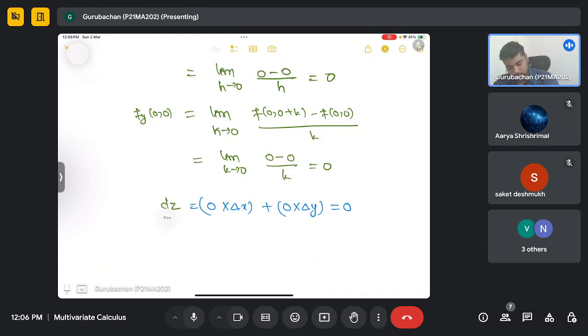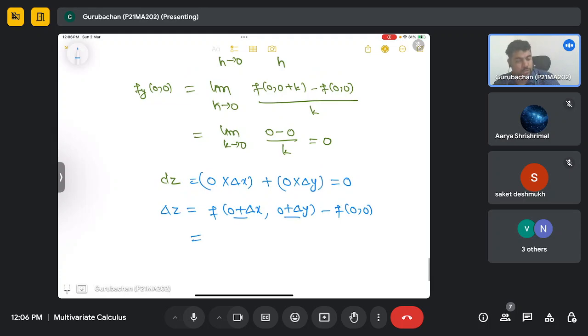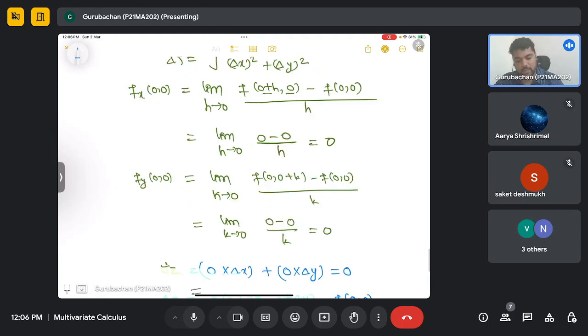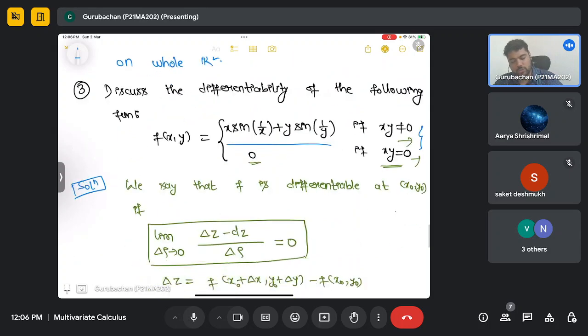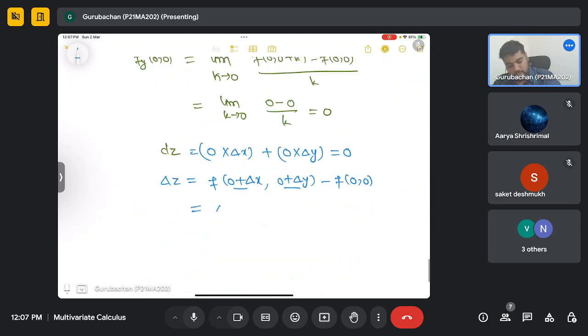Now, what is our delta z? Our delta z is f of 0 plus delta x comma 0 plus delta y minus f at 0, 0. Since the product of these two is non-zero, our functional value will apply this particular case. So this will give us nothing but delta x into sine 1 by delta x plus delta y into sine 1 by delta y, and since f at 0, 0 is 0, that term is 0.